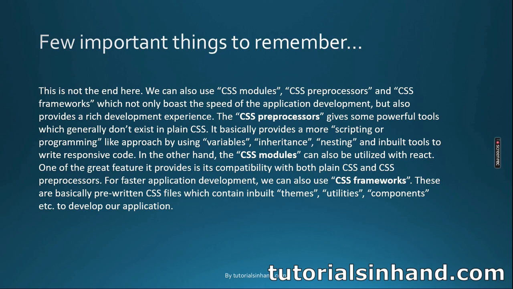What is the difference between CSS preprocessors and CSS frameworks? So basically CSS preprocessors, as the name says, are not direct CSS files. You can write CSS within the preprocessors, and it gives you more powerful things like variable declaration, inheritance, nesting, this kind of thing to write CSS faster, which thereafter gets compiled to generate CSS files.